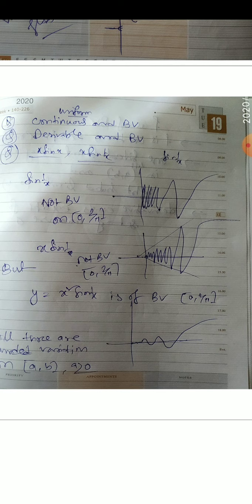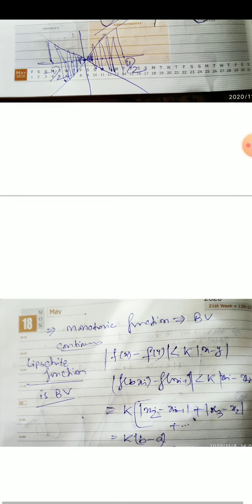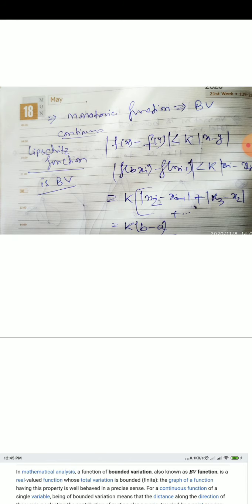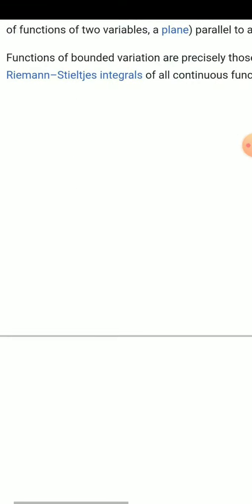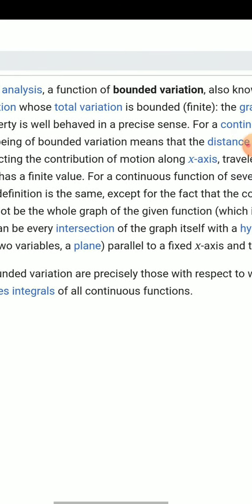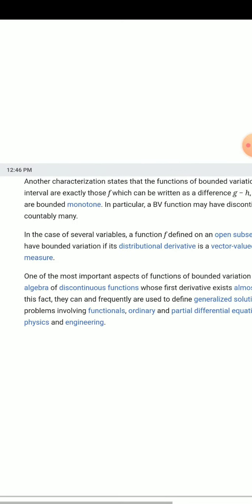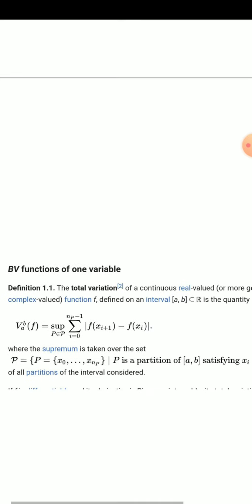Before that, formally we have to know the definition of bounded variation. Formally, you define a function from an interval to another codomain, and it is assumed to be R here.